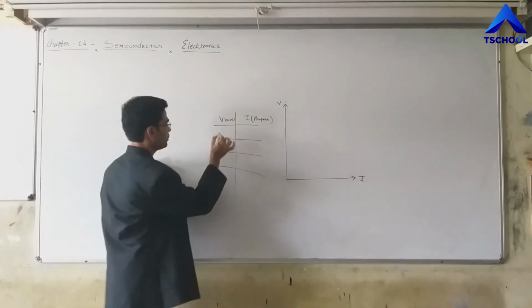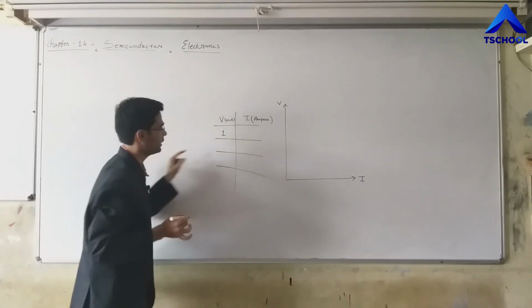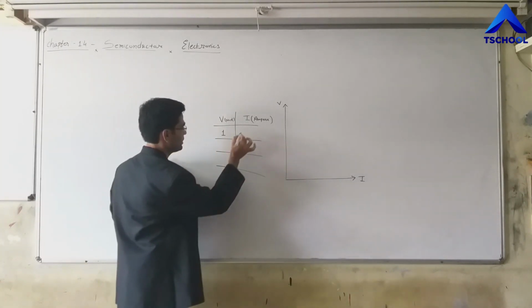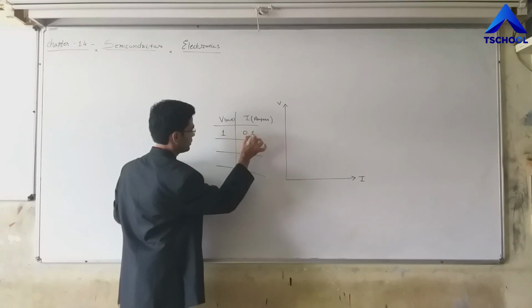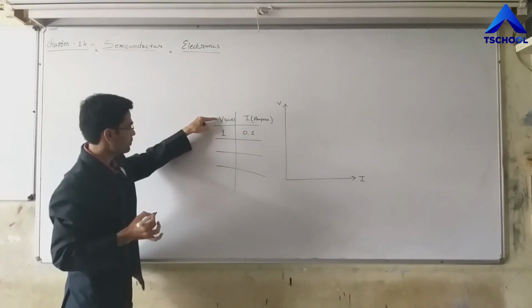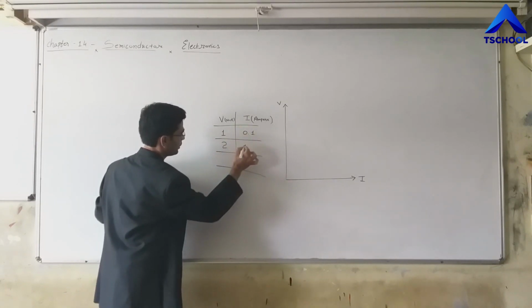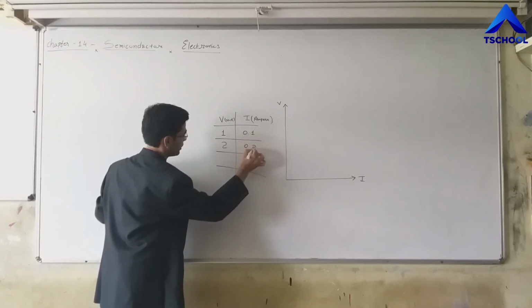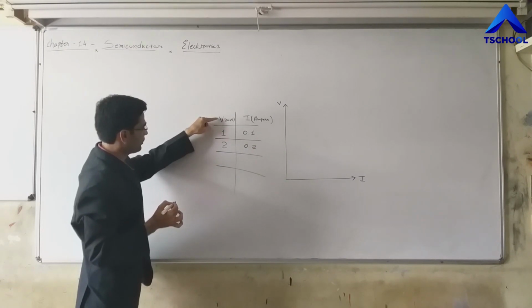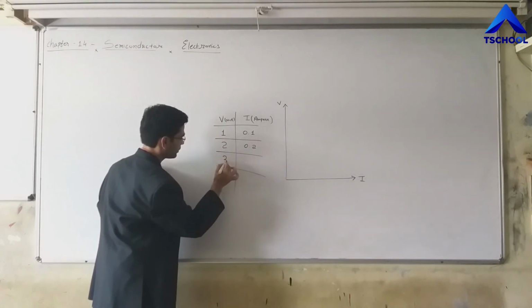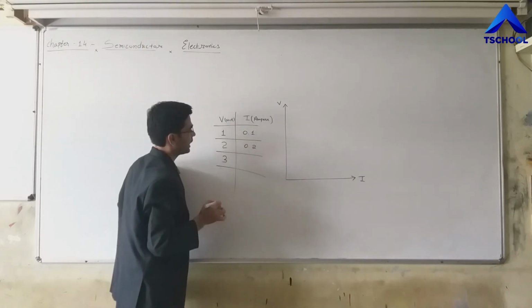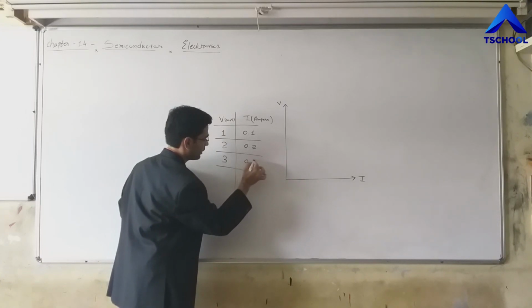Suppose V is equal to 1 volt, then current I is 0.1 ampere, just for example. Now suppose V is equal to 2 volt, then I is equal to 0.2 ampere. Again we take V is equal to 3 volt, current I is equal to 0.3 ampere.